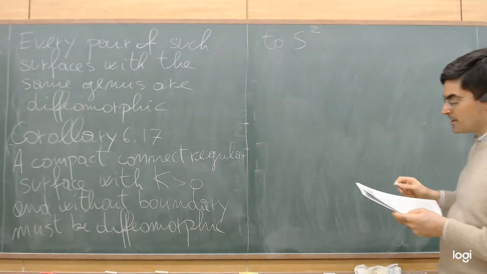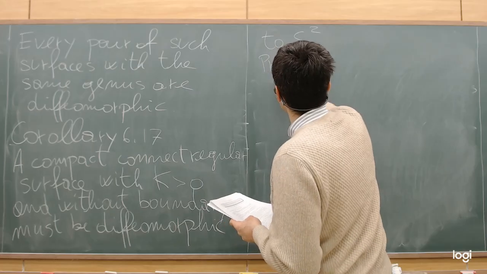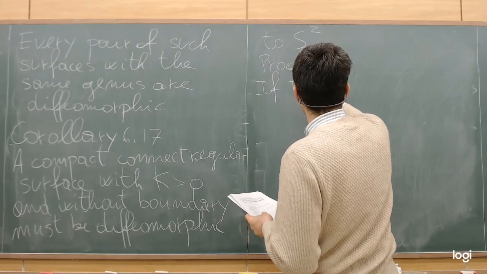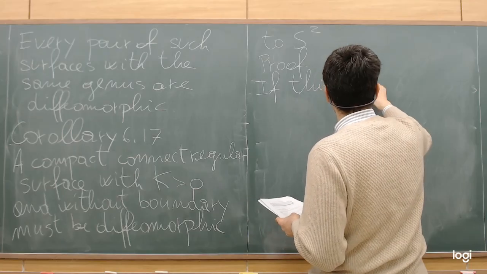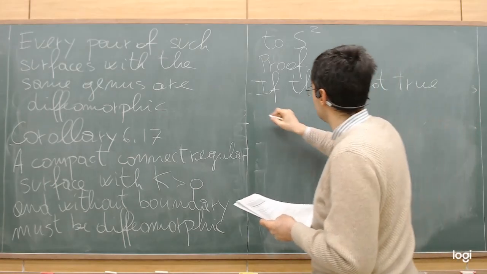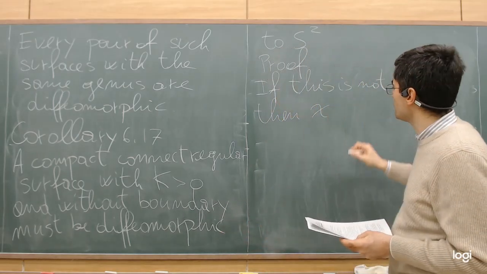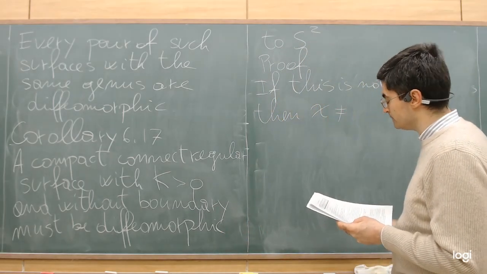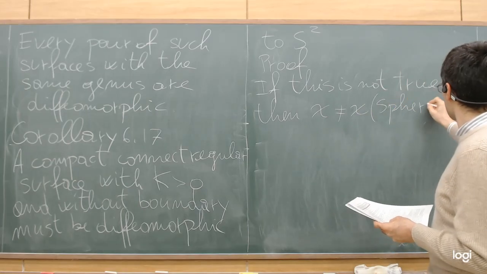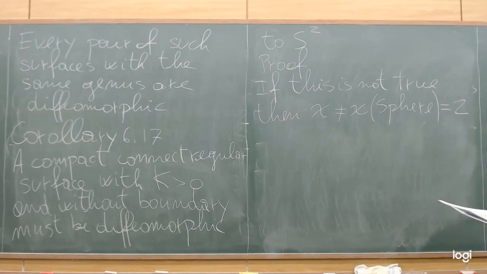The proof is very easy. So if this is not true, then the Euler characteristic of the surface would be different from the Euler characteristic of the sphere, which is 2.